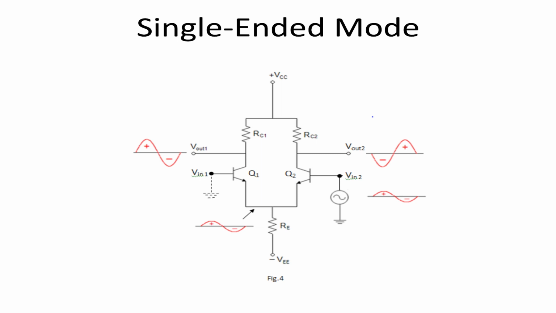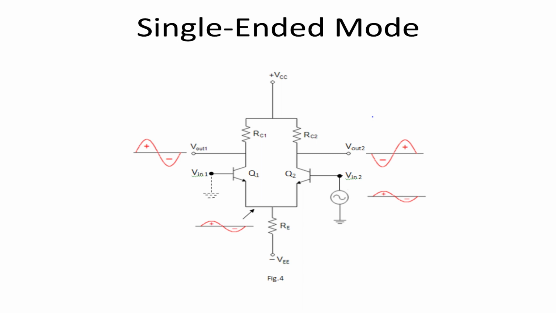The inputs are equal in magnitude, but they are not in phase, that is, they are out of phase. So we can say V1 is actually equal to minus V2, so that V0 is equal to A times 2 V2.